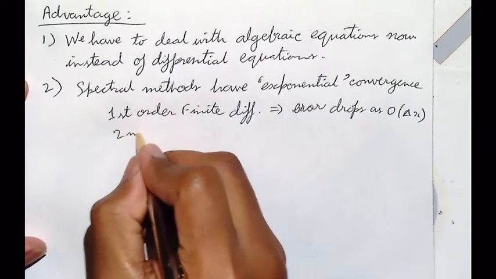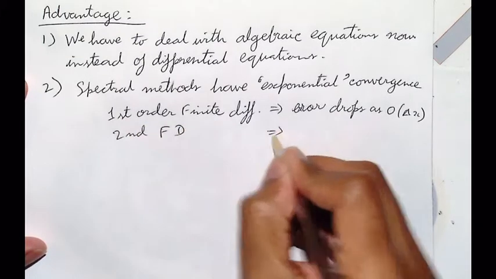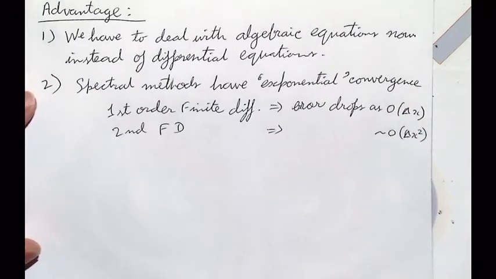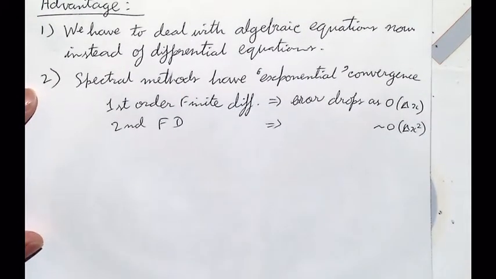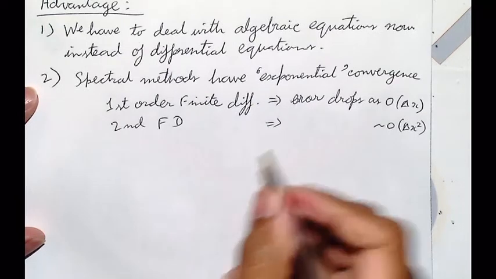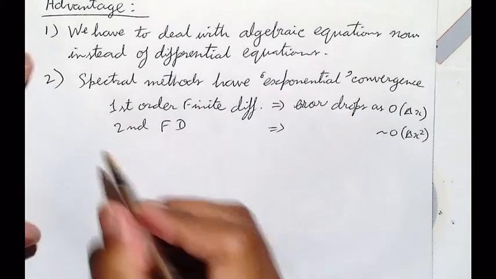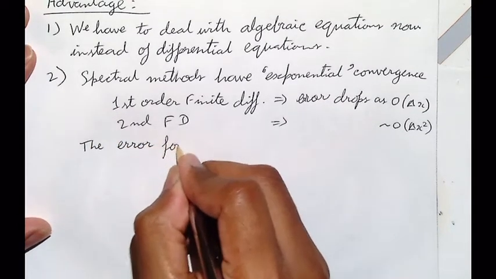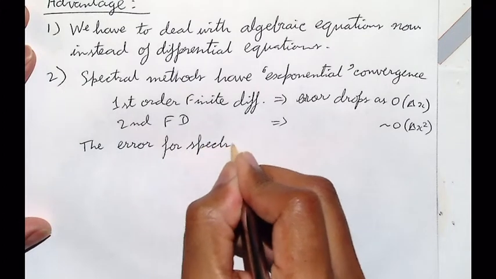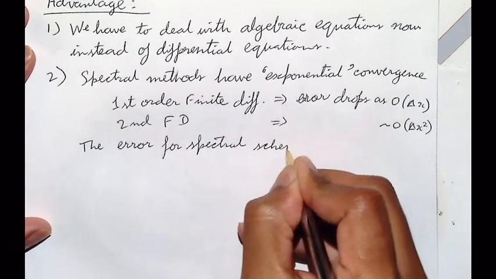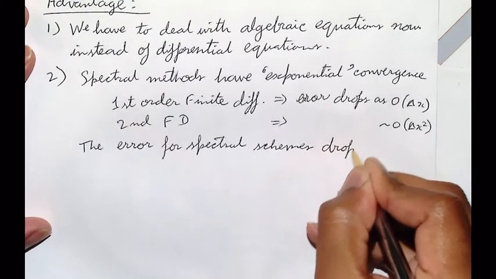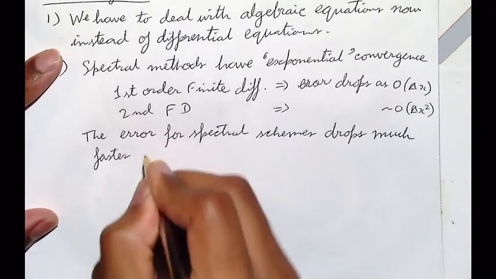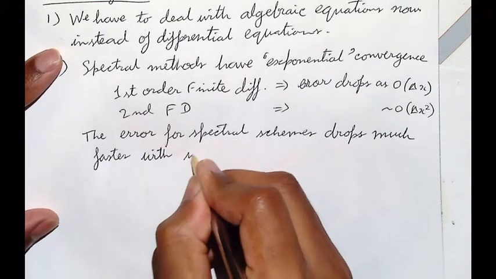We have second order finite difference, error drops as order delta x squared. Okay, but the error for spectral schemes drops much faster with increasing grid resolution.